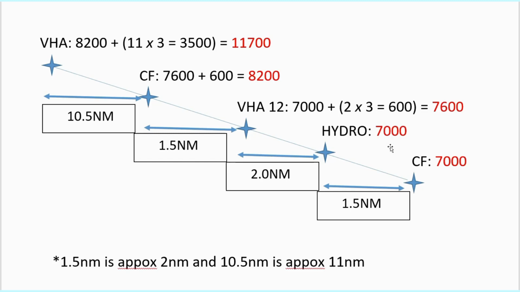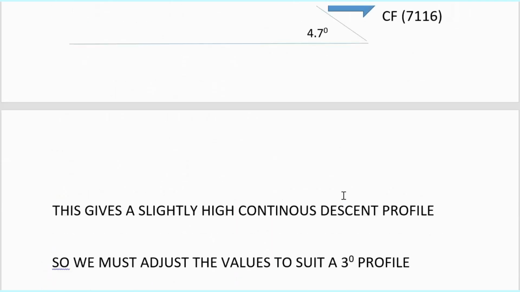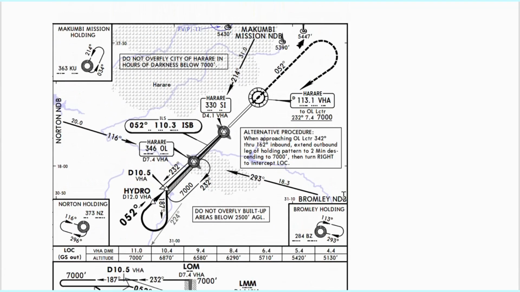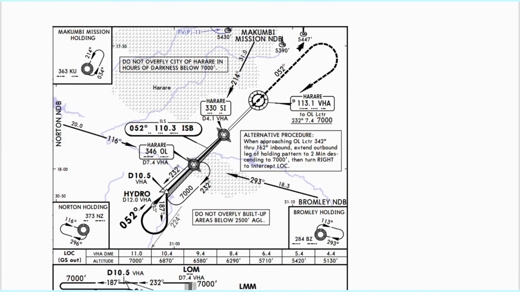Now let's look at the distances. From the center fix to hydro is 1.5 miles. Okay, we can work that out like this. I'll go back and forth so that you understand what I'm trying to say. So here's a plate. Hydro is 12 miles from Victor Hotel Alpha, and the center fix is 10.5 miles from Victor Hotel Alpha. The difference is 1.5. Okay, that is done.